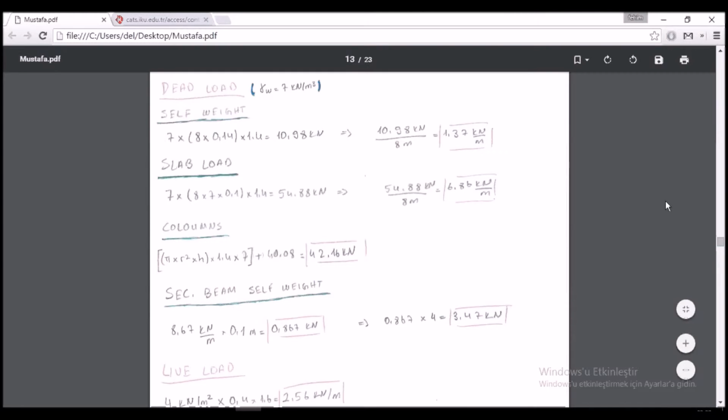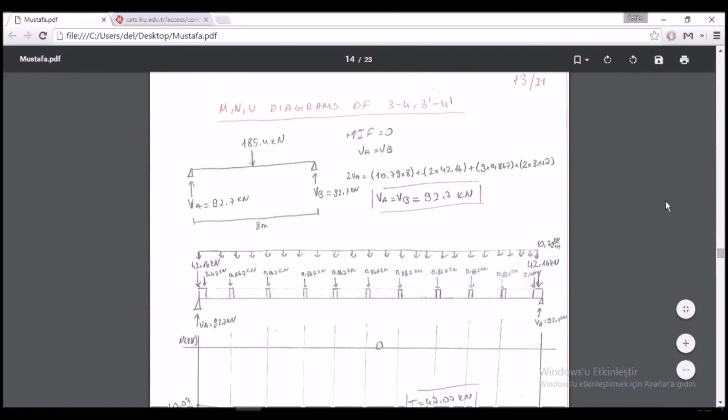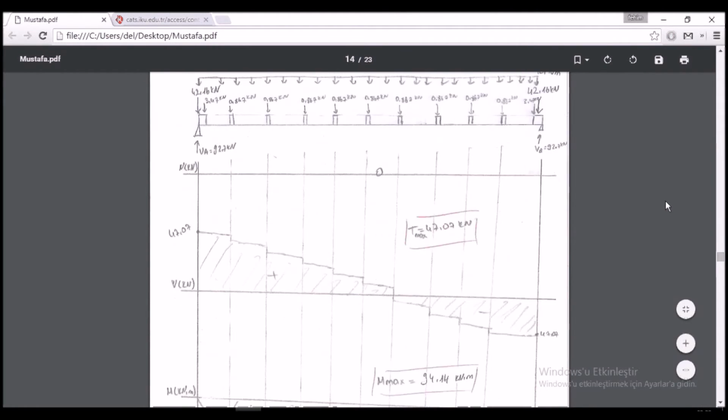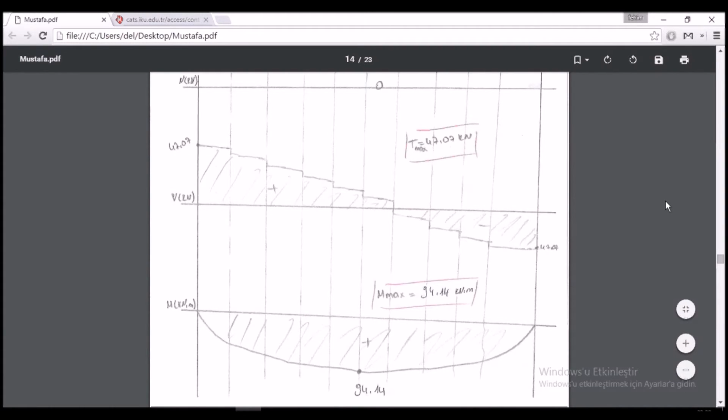Here we calculated all of loads on our primary beams at first floor, and here we found our support reactions and draw our MMV diagrams, and we found our Tmax value and Mmax value.